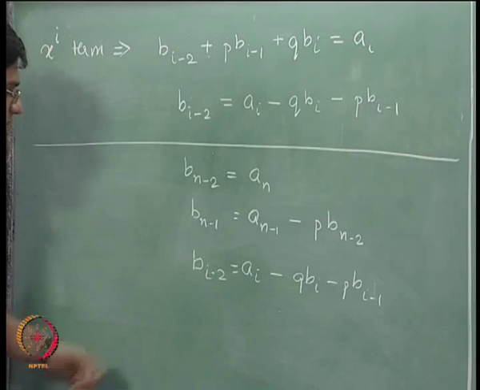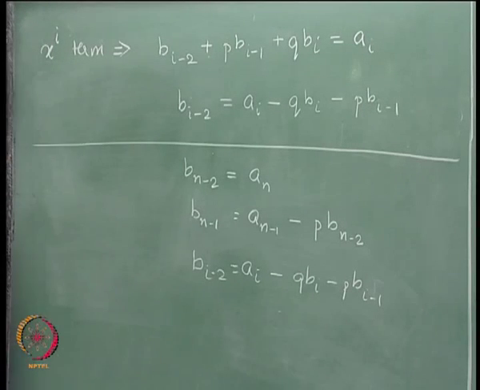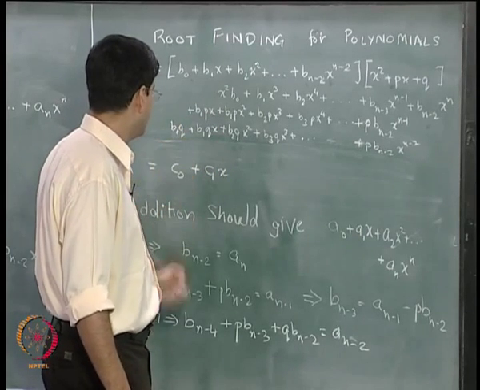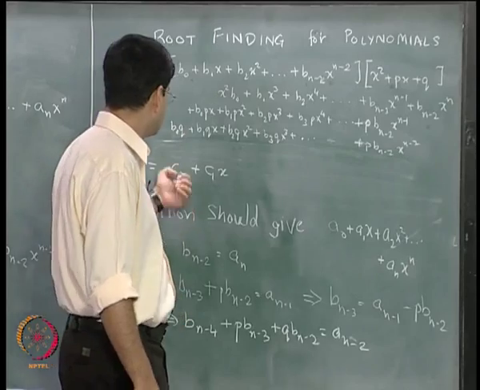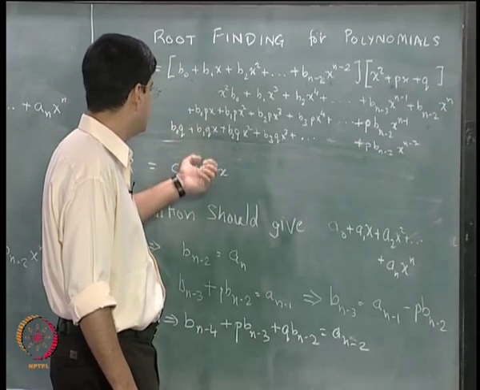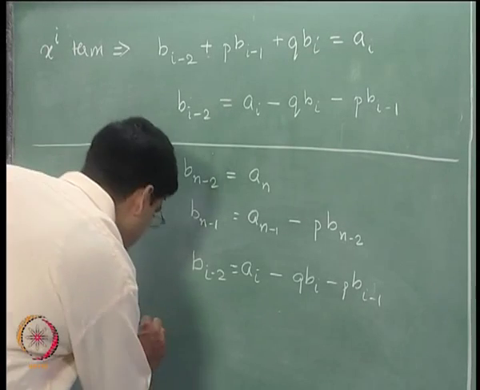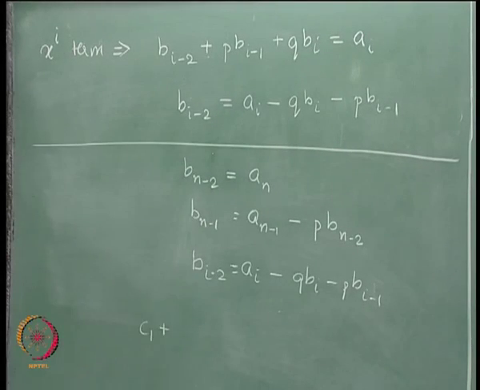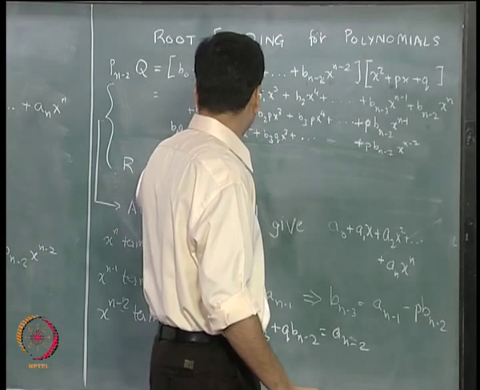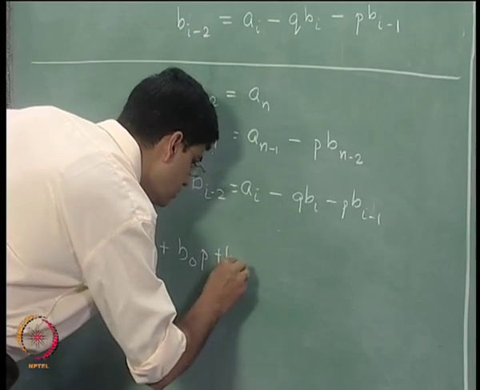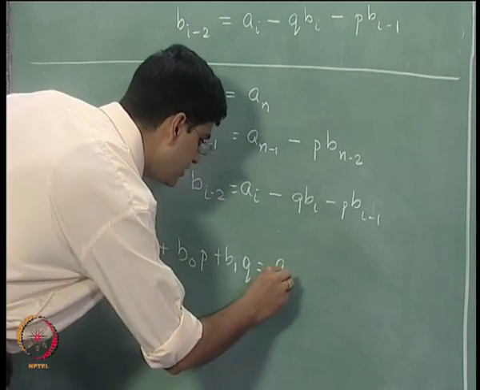Okay. Once we get b0, our objective is to find c1 and c0. c1 we can get with respect to the first powers, and c0 with respect to the 0th power. So c1 plus b0 p plus b1 q equal to a1. Then c0 plus b0 q equal to a0.